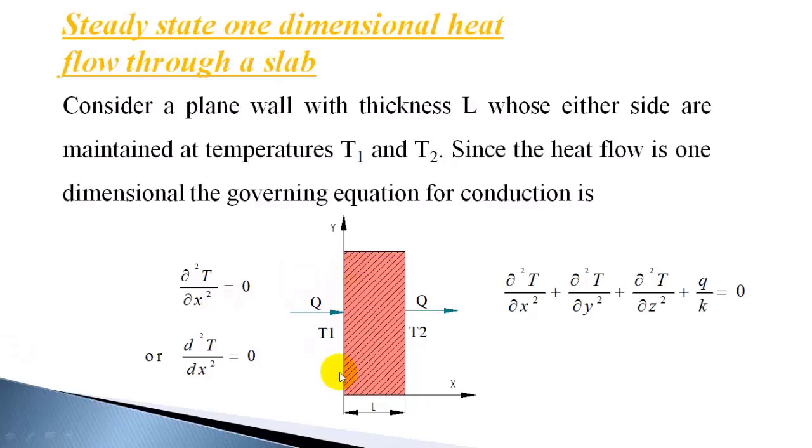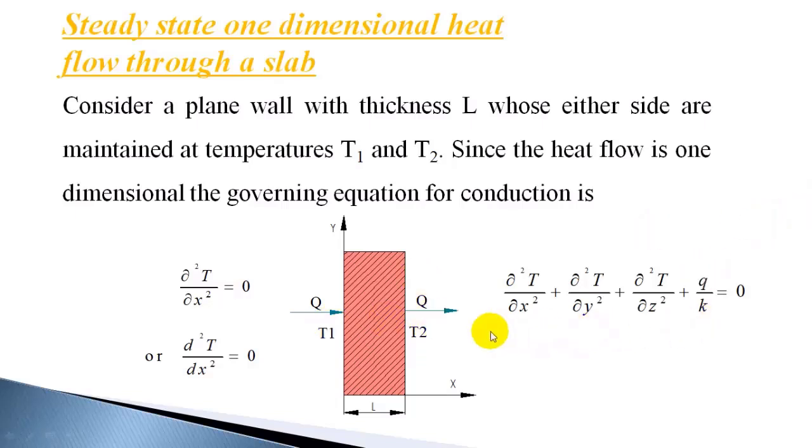If you can maintain the temperature constant with respect to time at any given location, you can say the heat transfer is steady state. So here also the temperature is maintained constant with respect to time. There is no variation of temperature with respect to time at a given location, so the heat transfer is steady state. So we are taking one-dimensional steady-state heat conduction through a slab with constant thermal conductivity.